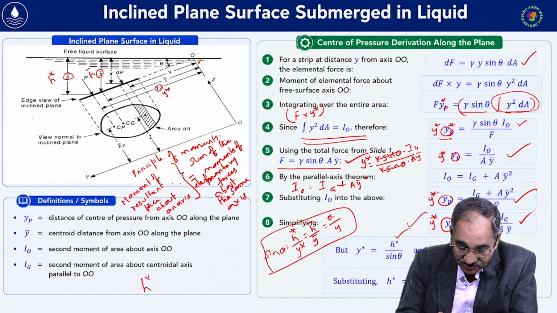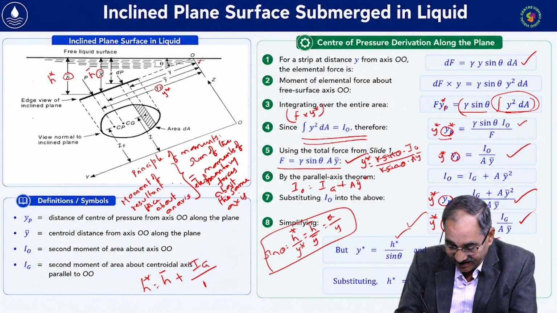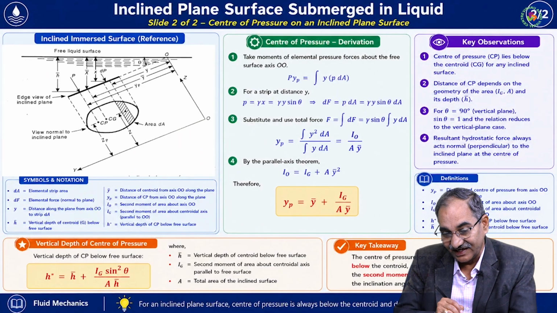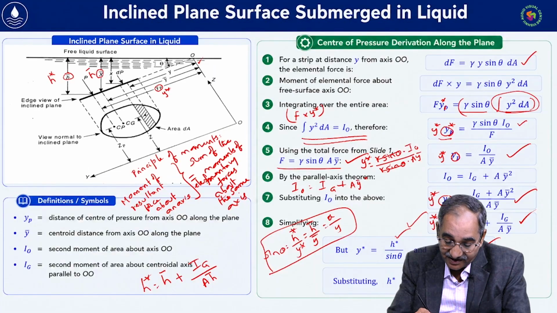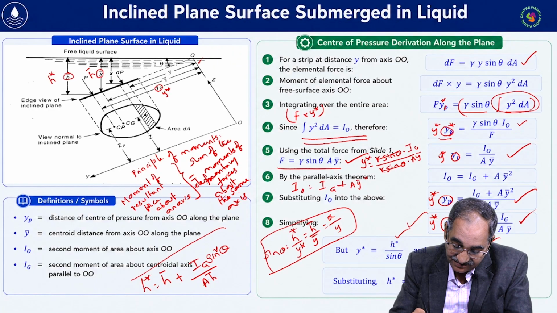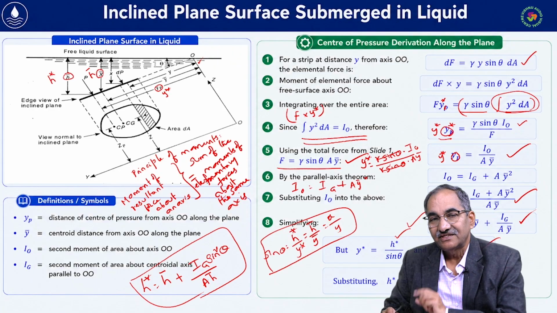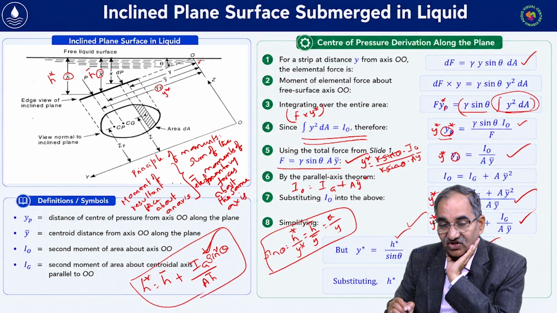So the entire derivation is the same. H star is equal to h bar plus Ig by A h bar, that was the previous vertical plane surface. The extra thing coming here is this sine square theta. Please remember. Otherwise, it is as good as a vertical plane surface.